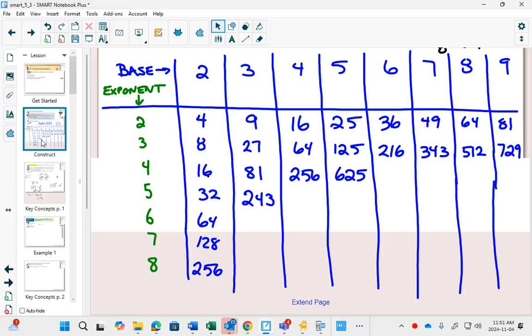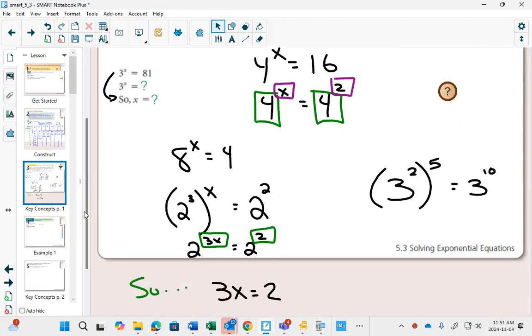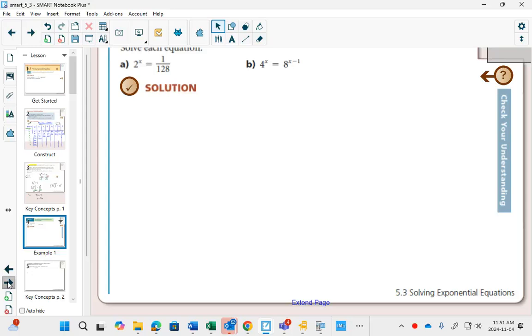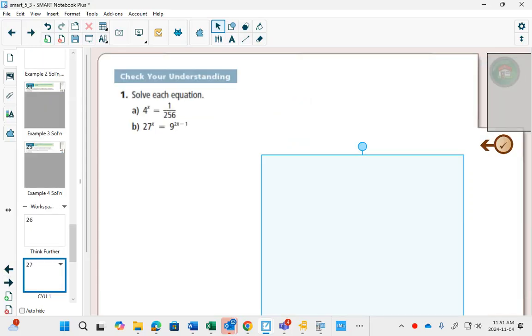And since 4 and 8 were in the same column, I could rewrite 8 as 2 cubed with a base of 2, and I could rewrite 4 as 2 squared with a base of 2. If my bases are the same on both sides after exponent laws, it must be that the exponents are the same if they're equal. So the 3x had to equal the 2. And I think you're going to enjoy this because this is a little bit of mental math and a little bit of algebra.